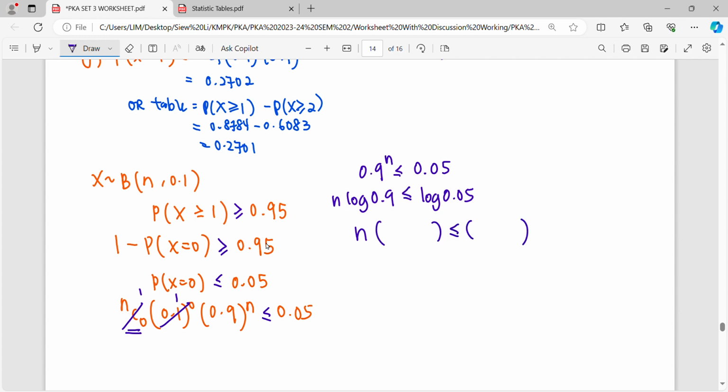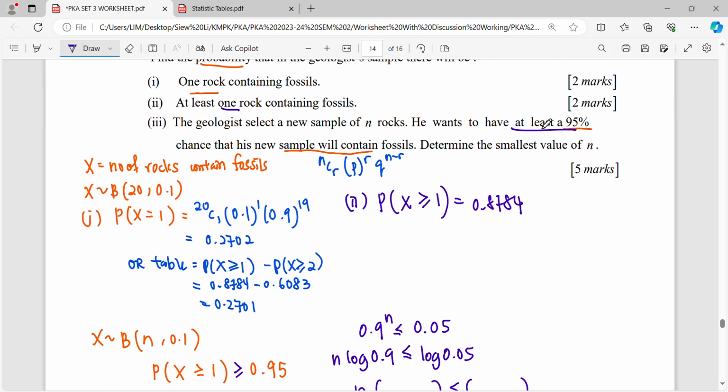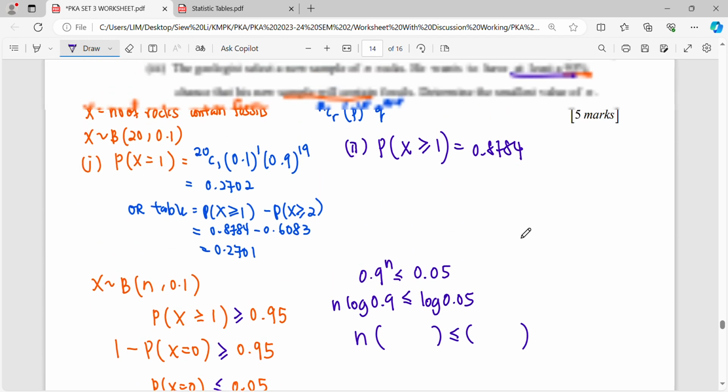You cannot move your log before you identify your value. If your value is negative, you need to change sign. They want your percentage not exactly 95%, they want to have at least 95%.